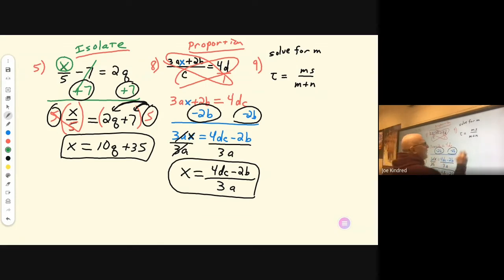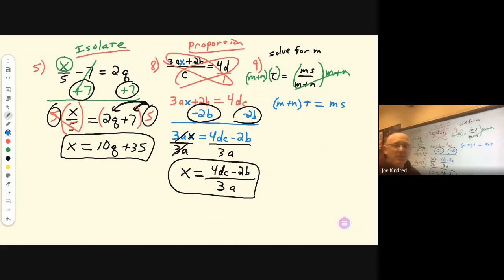Instead of setting up a proportion, which I could do, I'm actually going to multiply both sides by M plus N. That reduces, and I'm going to have M plus N times T is equal to MS. Now remember, we're solving for M. So I'm going to have to distribute this T in here. So I get MT plus NT.